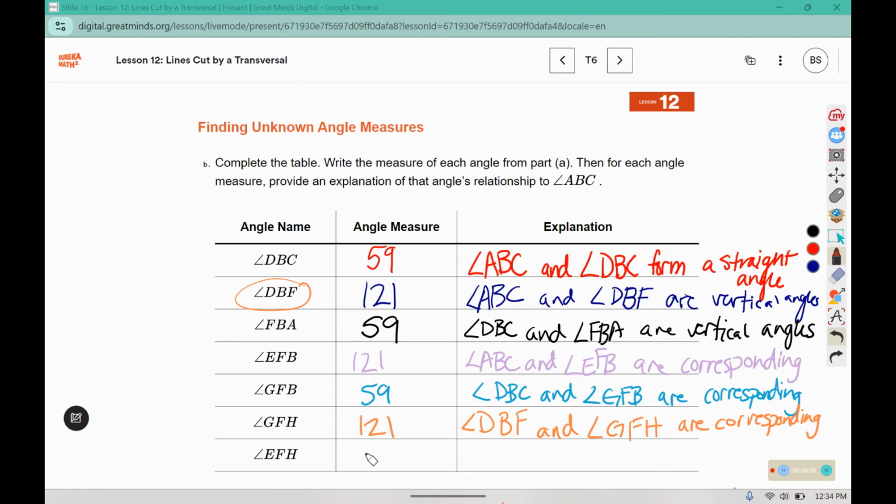And EFH was 59 degrees, and that was because ABF, or FBA, and angle EFH are corresponding.